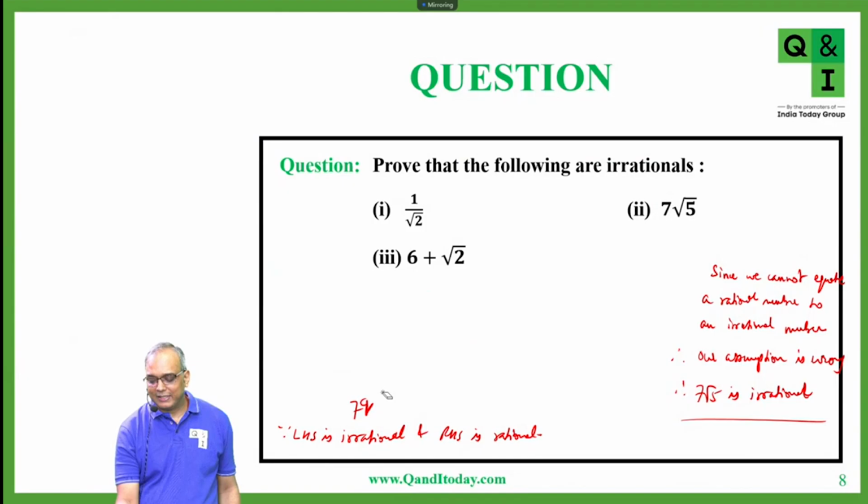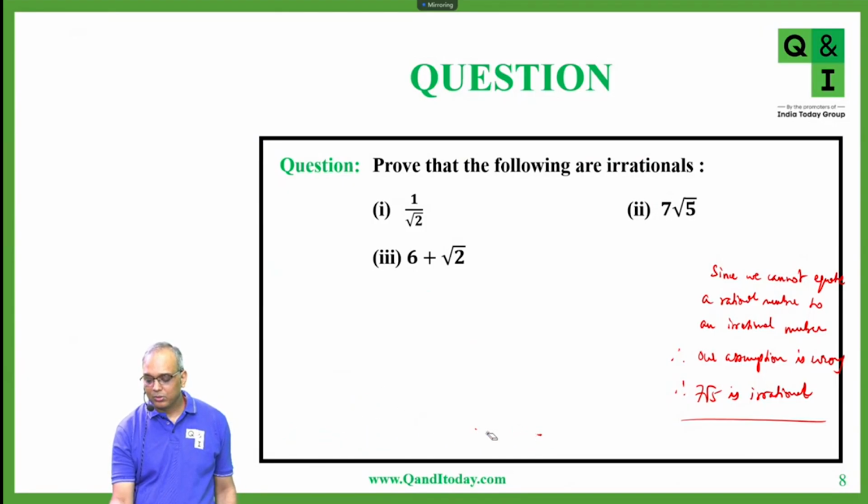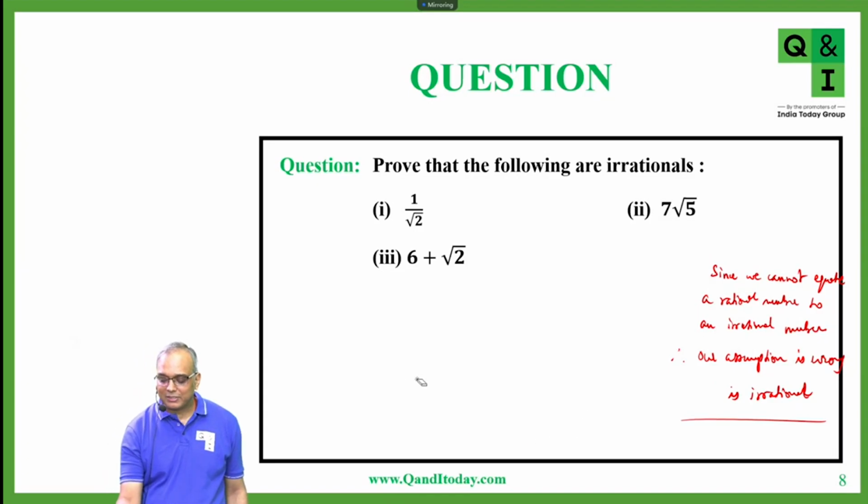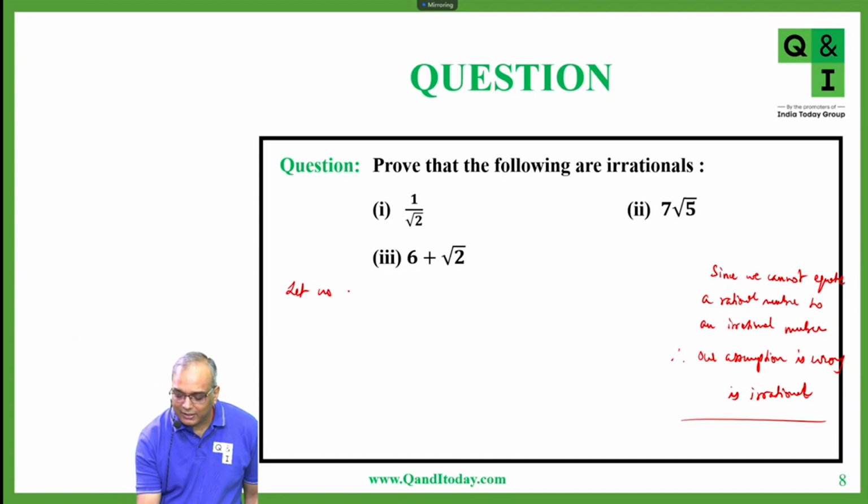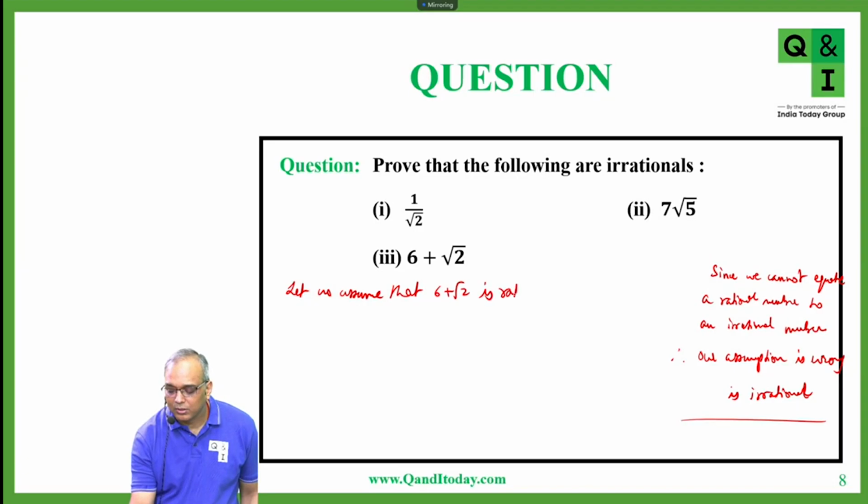The next one is we have to prove 6 plus root 2 to be irrational. So again, let us assume that 6 plus root 2 is rational.